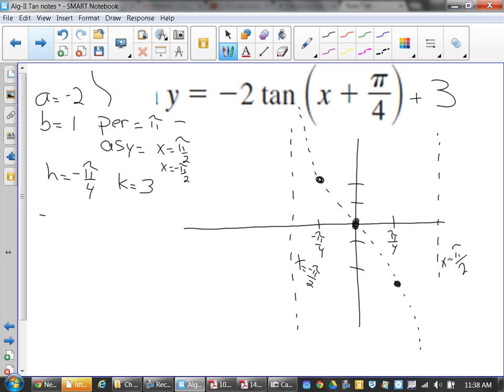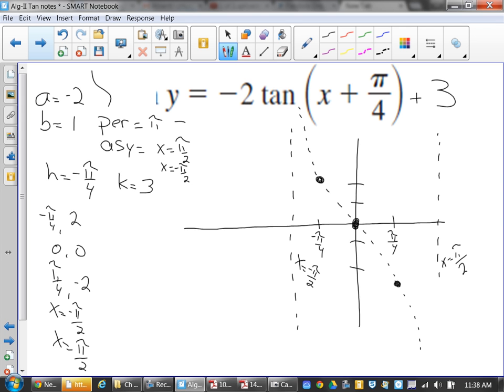We have negative pi over 4, 2; 0, 0; pi over 4, negative 2. Our asymptotes are at x equals negative pi over 2 and x equals pi over 2. I'm listing out both of them instead of plus minus because it's going to be easier to add and subtract to it. That's all.